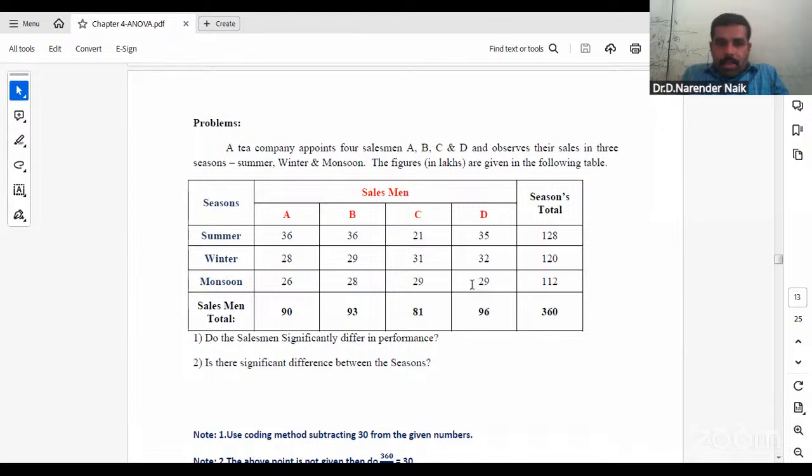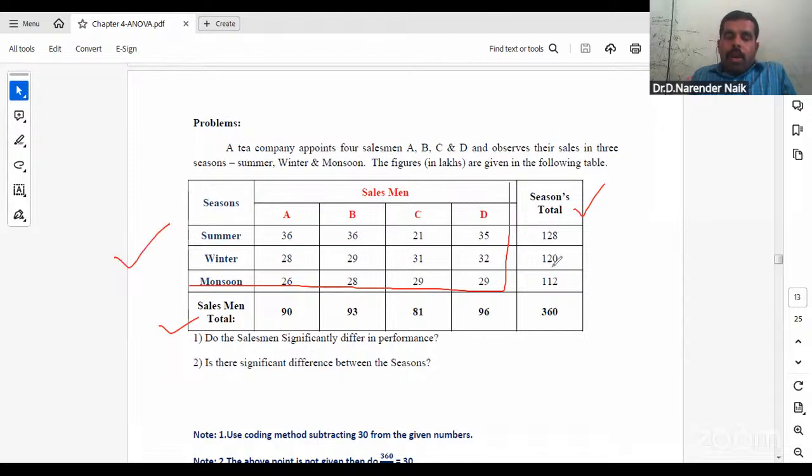Then salesman total. My dear students, you observe carefully here. From an examination point of view, till here only the examiner will give; season totals and salesman totals we need to do. But fortunately, in this given problem, everything is given.